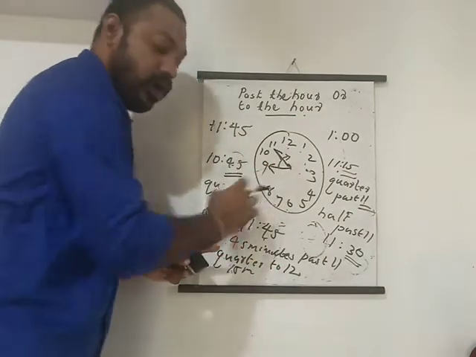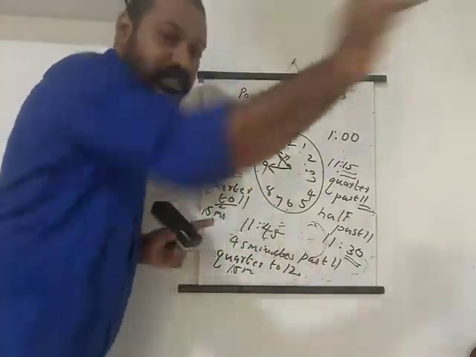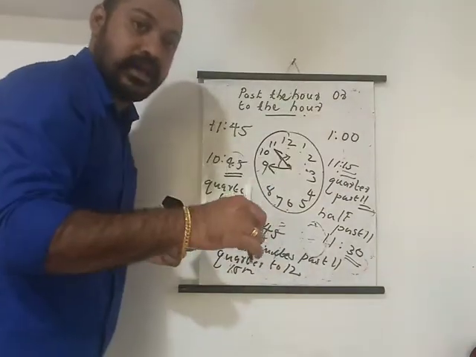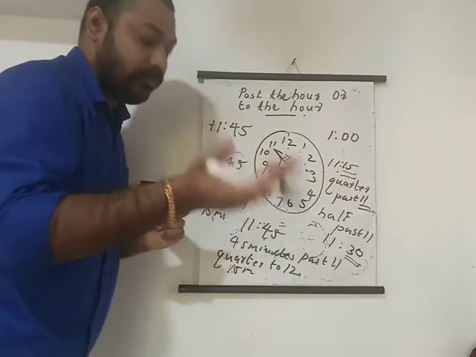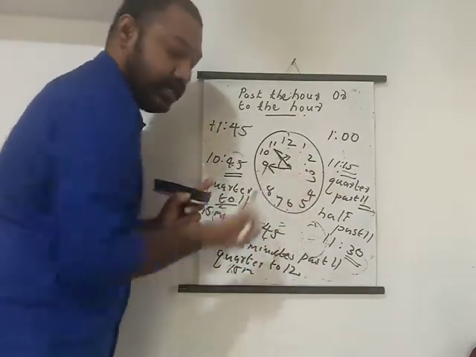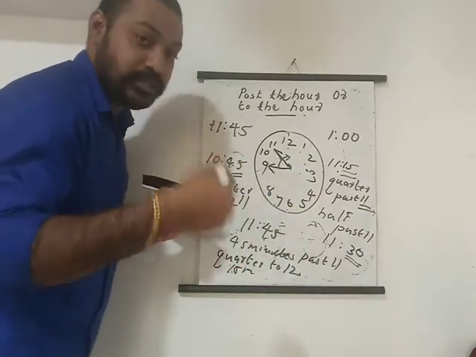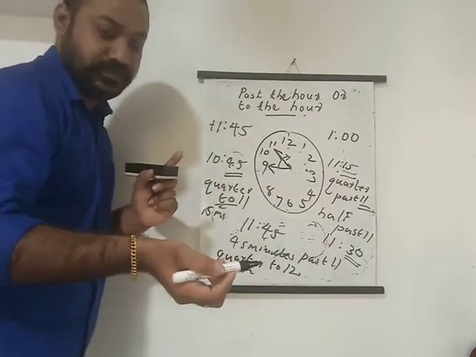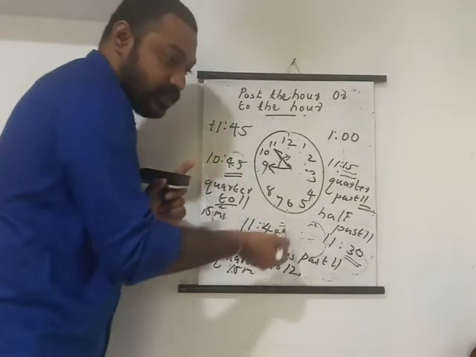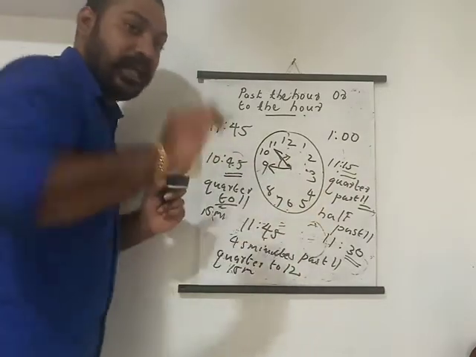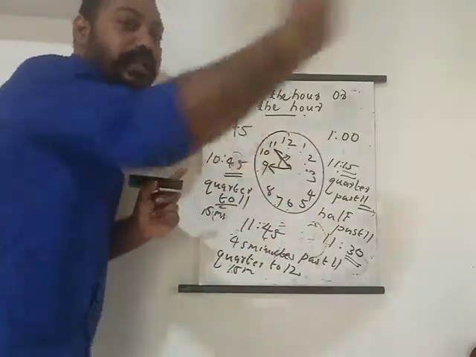15 minutes. How many more minutes are needed? To means you have to say the next hour. Past means you say the hour that is given. 10 minutes past 11 means 11:10. 20 minutes past 11 means 11:20. But 45 minutes to or 25 minutes to something means you have to say the next hour. 25 minutes കൂടി കഴിഞ്ഞാൽ next hour ആവും.